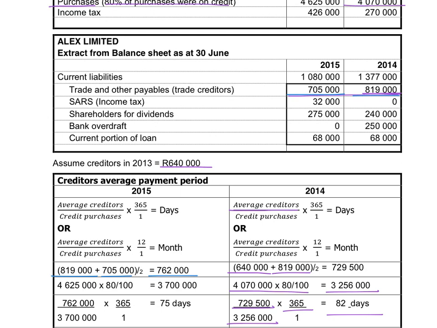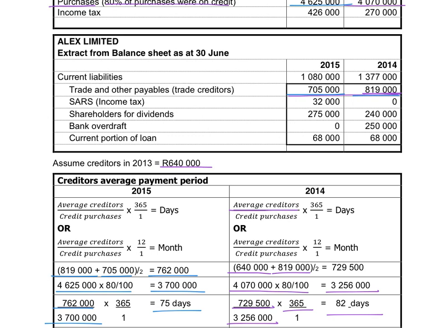I will look at my purchases during 2015, multiplied by 80% to determine my total credit purchases for the year. Then I take the average creditors divided by the total credit purchases for the year, and that will give me 75 days.